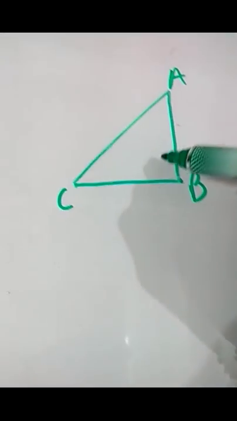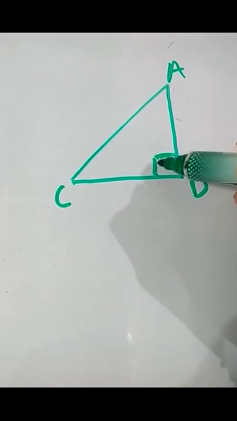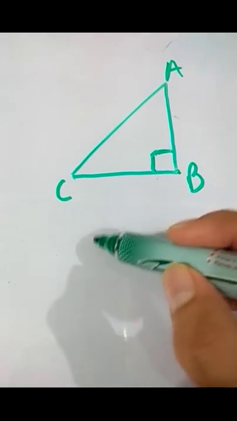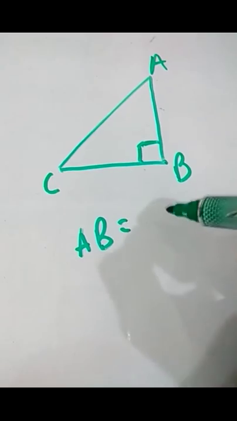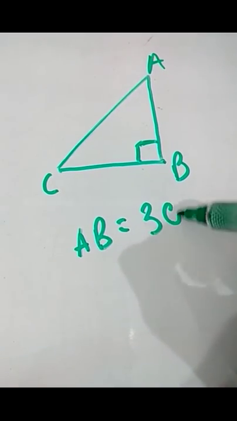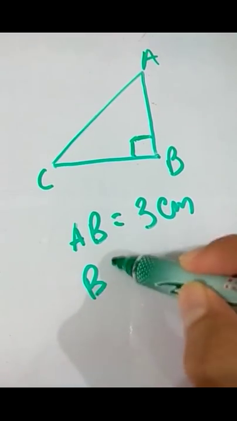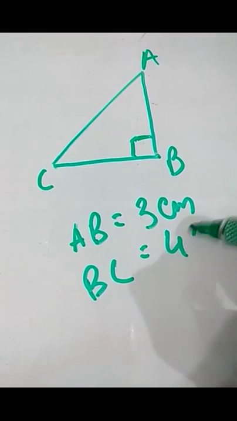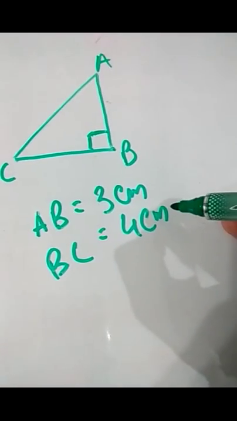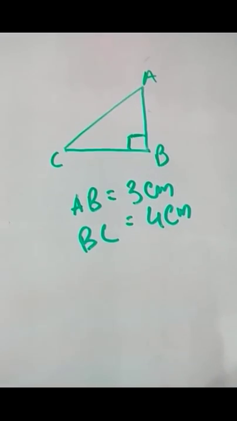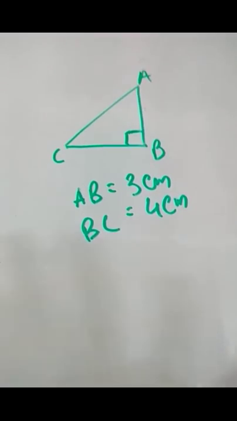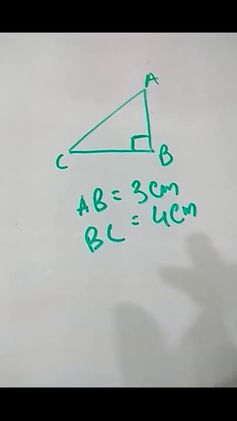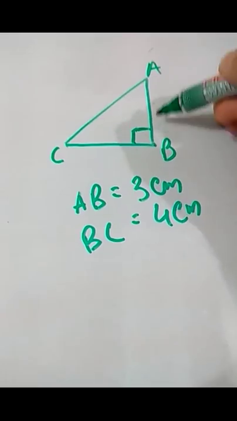This is a triangle, as we can see. Given that AB equal to 3 centimeter, BC equal to 4 centimeter, and we have to now find all 6 trigonometric ratios of the angle A.